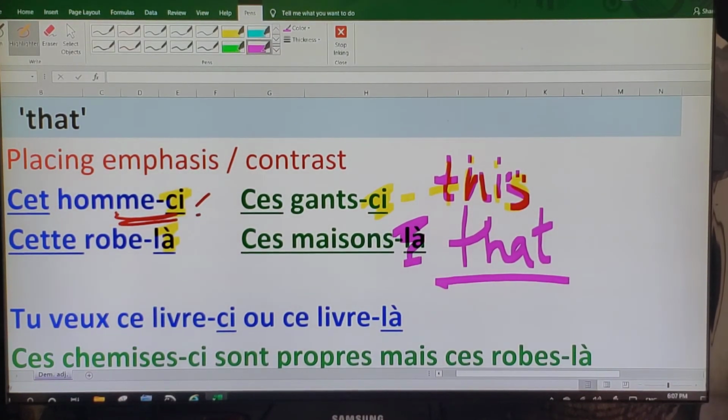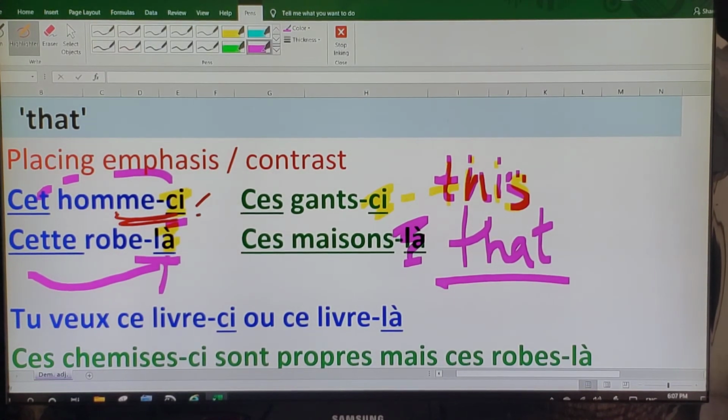So "cet homme-ci, ces gants-ci, cette robe-là, ces maisons-là". If you use -ci at the end of the noun, it emphasizes this man. But if you say -là at the end, it means that. So that is a little bit of distinction.